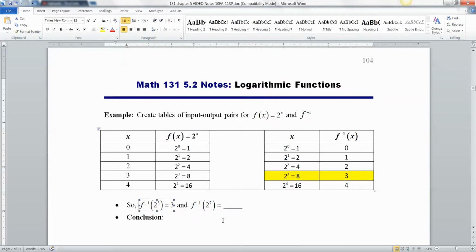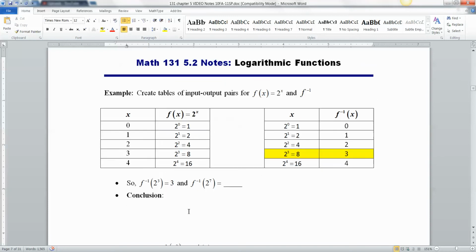Which means we've learned kind of an interesting thing, namely that the inverse function of an exponential function, exponential functions, remember, are the ones where the variable's in the exponent, like 2 to the x.